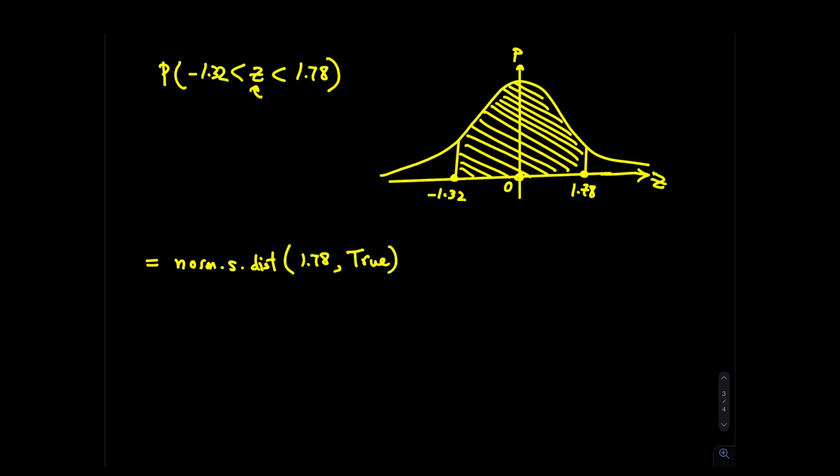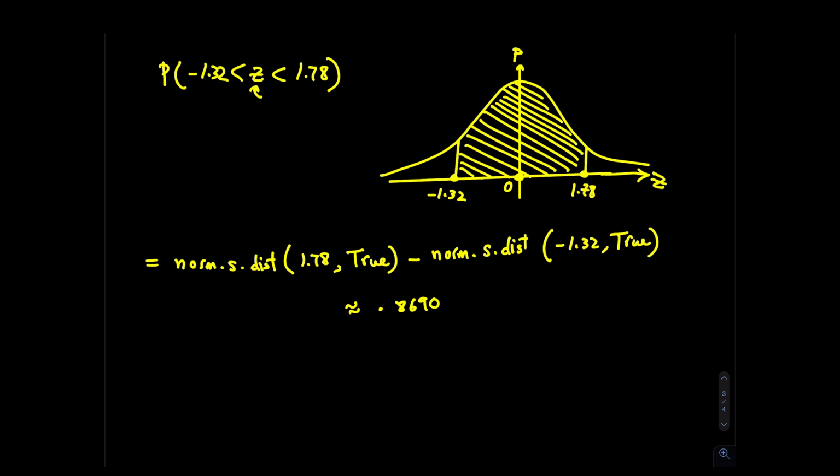Well, that will give you the area all the way from 1.78 to the negative side. But you want to cut it at negative 1.32, so from that, subtract the norm.s.dist of negative 1.32 comma true. And that will give you the in-between area, which rounded to 4 decimal places is 0.8690. So that's the answer to the original question.